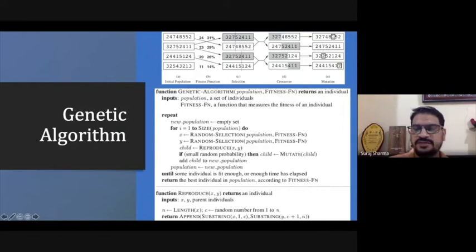Now, how does this reproduction function work? In the reproduction function, we have two parents.